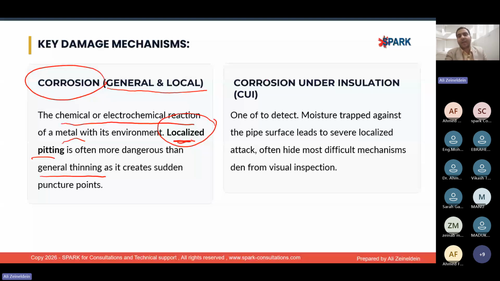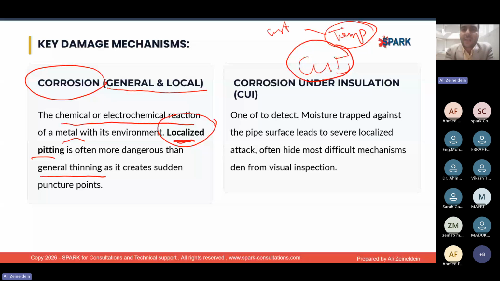Here on the right side, we are talking about corrosion under insulation, as we explained in the previous slides. What does the corrosion under insulation, CUI, condition mean? It means a temperature range, and this temperature range differs for carbon steel, stainless steel, and then duplex.